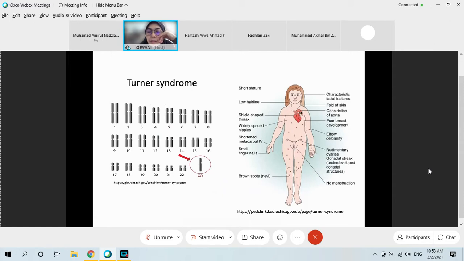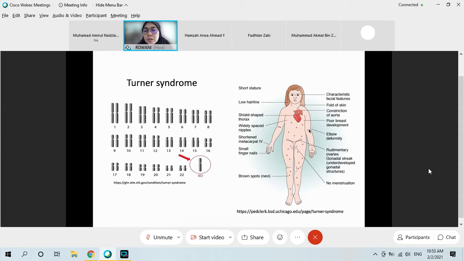This is associated with congenital heart disease, particularly coarctation of the aorta, and the chest appears shield-like. The nipples are widely spaced.